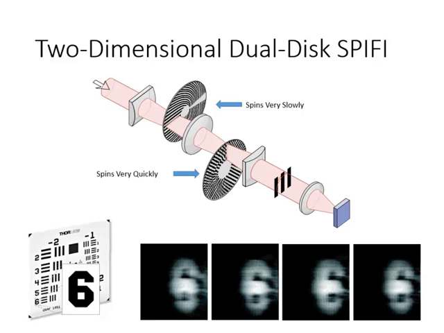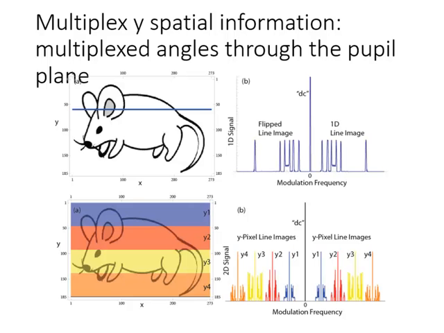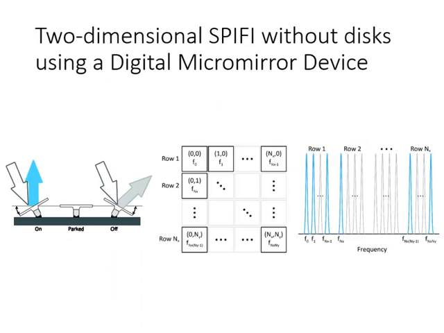The way this multiplexing happens is that we enforce a relatively high differential in the spin rate between those two disks. One disk spins quite slowly to pack all of the frequency content in a narrow band, and the other one spins very, very quickly to spread out those Y pixel information in that Fourier spectrum such that we avoid any overlap. That's a bit of a limiting factor for that type of imaging.